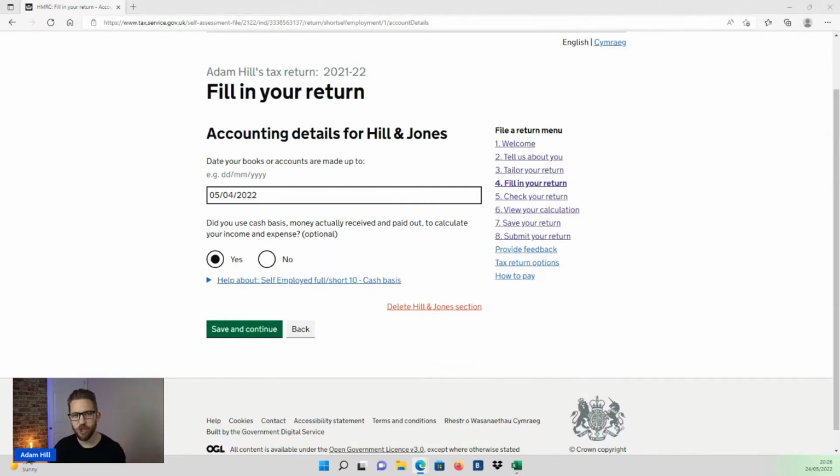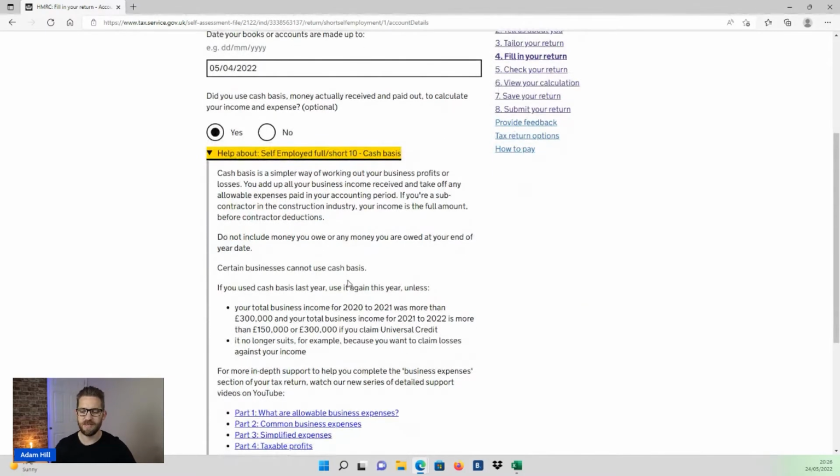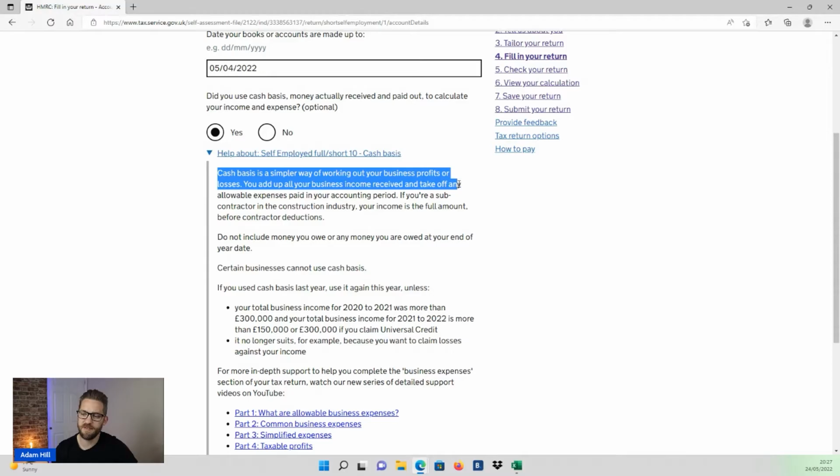Now, the first mention of the cash basis on the self-assessment tax return comes under the self-employment section. And what you'll find is that below the question, HMRC provide additional guidance, which is supposed to clear things up for you. So let's have a very quick read of this. The cash basis is a simpler way of working out your business profits or losses.